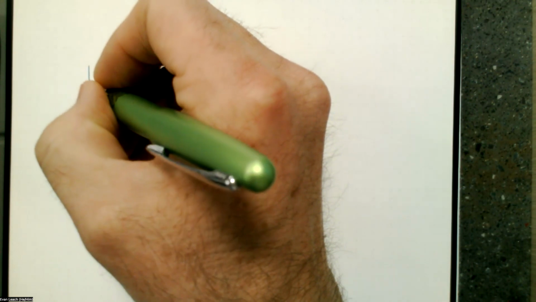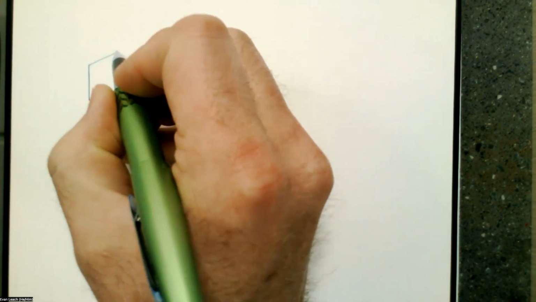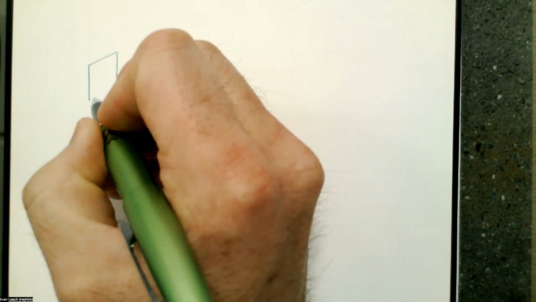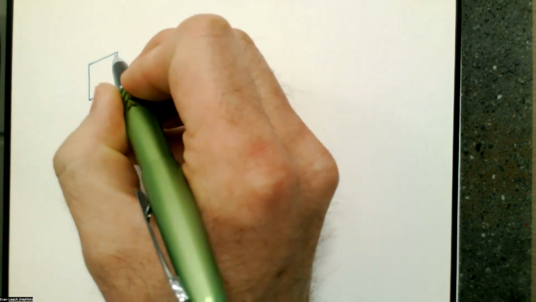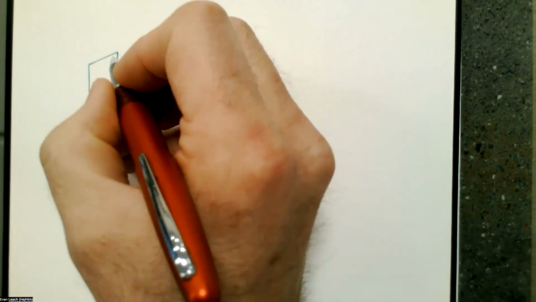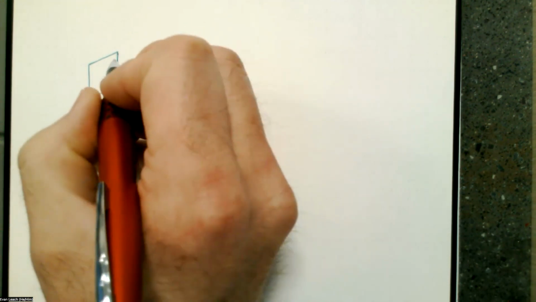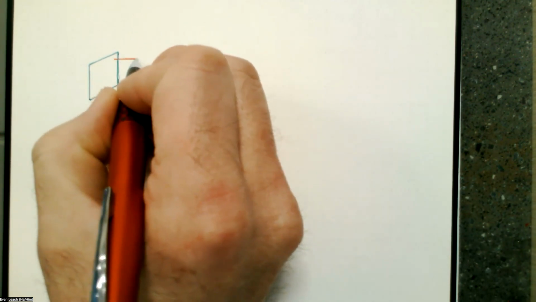So if I've got a surface that's flat, it could be that the vector field comes through at different angles. So up here, maybe it just comes through perpendicular.